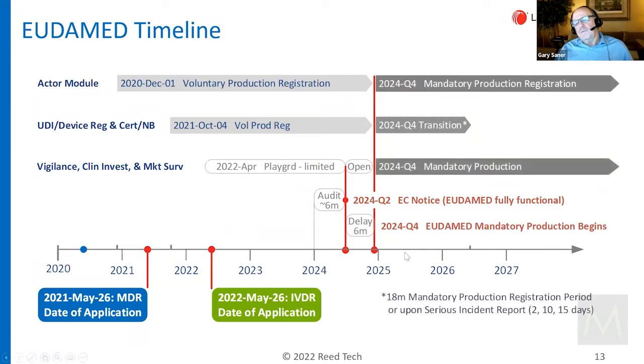And that's a significant date. That marks the beginning of some mandatory provisions, one of which is the mandatory registration. So you could voluntarily submit early, but now it's going to be required. There's an 18-month window, with some conditions. And then at the end of that, for anything going forward, you certainly need to register your product. So this is pretty messy.